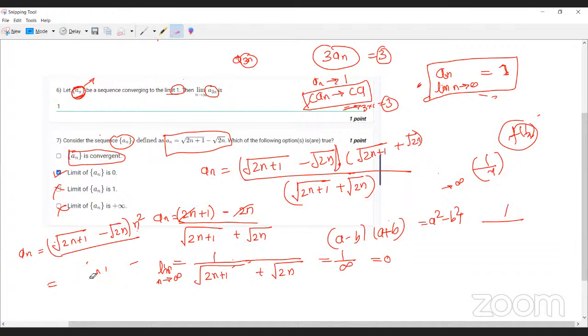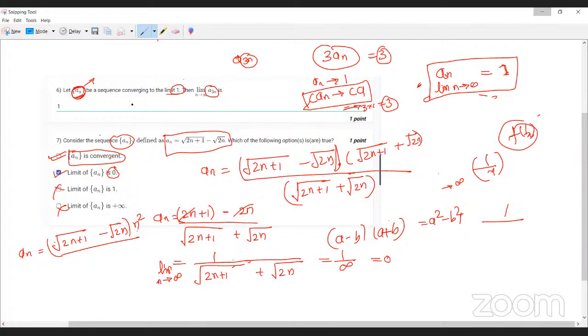Explain the question, option number 1, sir. Option number 1 is correct, right? An is convergent, it's tending to 0, right? Yes, this is also correct. Let me check. So it should be divergent, no?